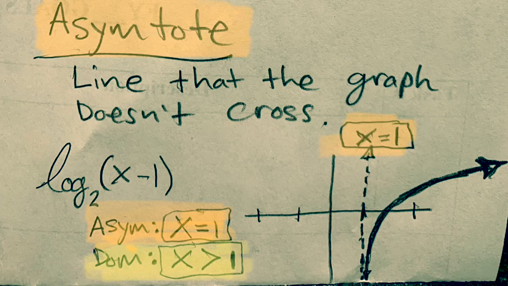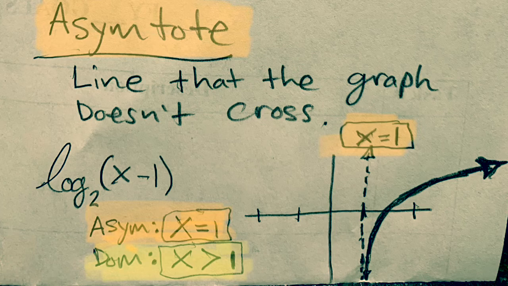It is the very first value that x cannot be, the very first value that you're not allowed to plug into x, because then it would give you 0 for the input or negative for the input. And so the asymptote is based off of that number that is with x in the input.